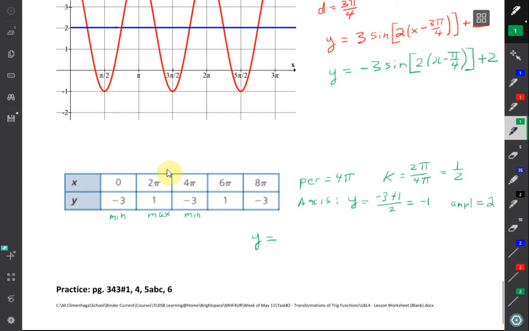We said it's a reflection, so this is -2 cos, because it's starting at a minimum. There's no phase shift, but the K value is a half. And then we said that the axis is -1, so that makes us -1 out here. And there we've written the equation for that table. And again, if you wanted to do a phase shift, you could also write this in terms of sine.